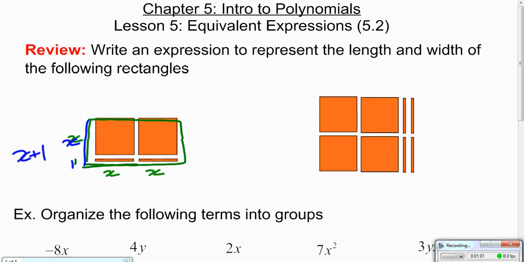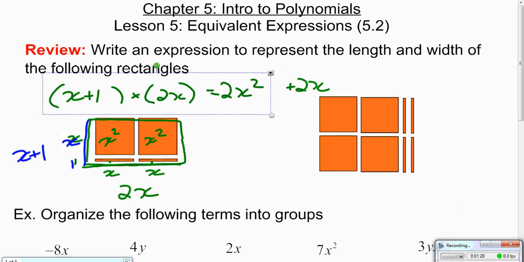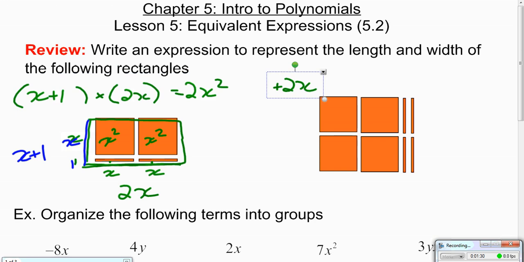And when we're talking about the width, that's 2 x's, so we have 2x. Okay, so that means x plus 1 times 2x gives us 2x squared, right? X squared, and then 2x tiles plus 2x tiles. So just a little review.